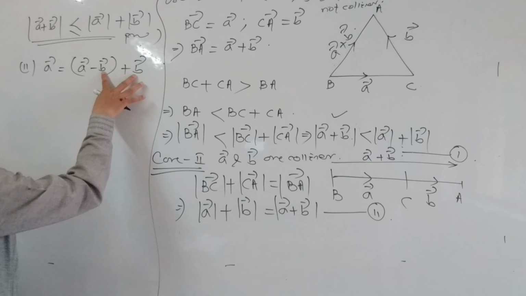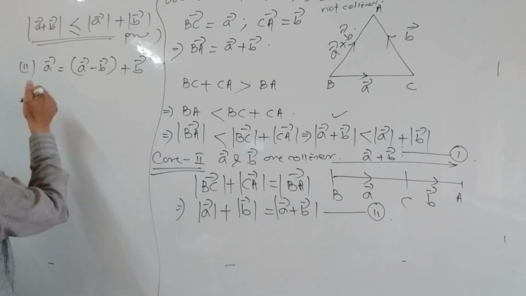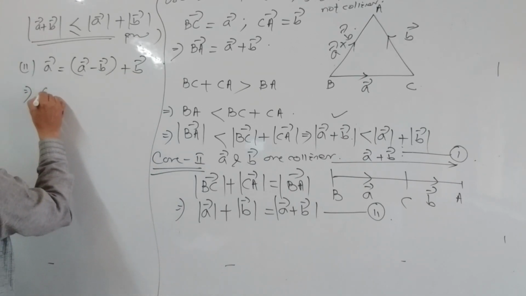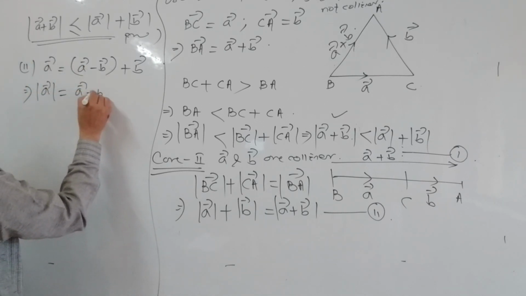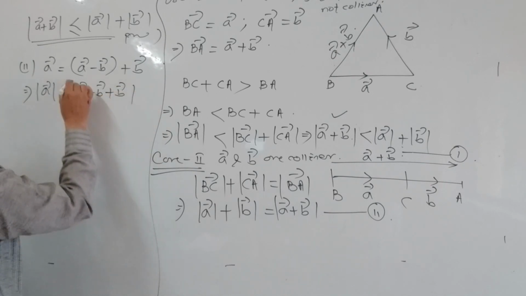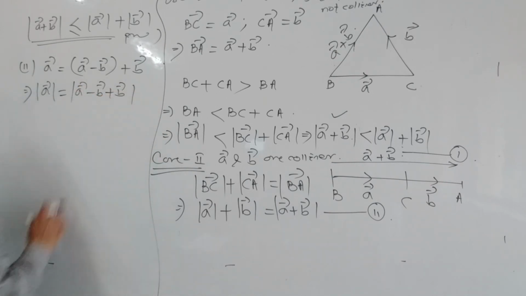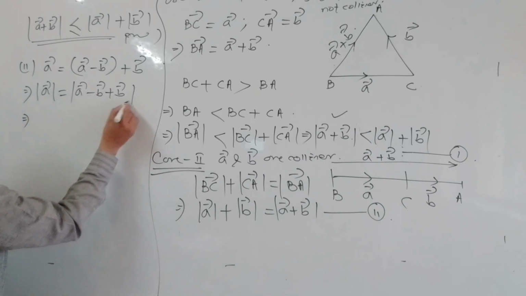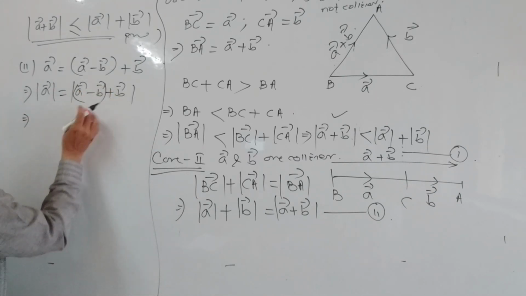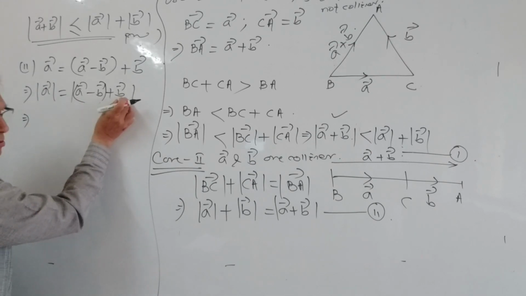Here minus B plus B cancel, so we are left with the A vector. That means taking magnitude on both sides, A vector magnitude is A vector minus B vector plus B vector whole magnitude. This is nothing but one vector plus another vector.